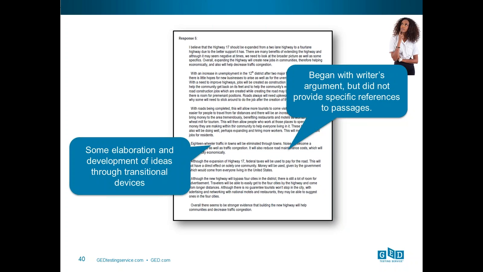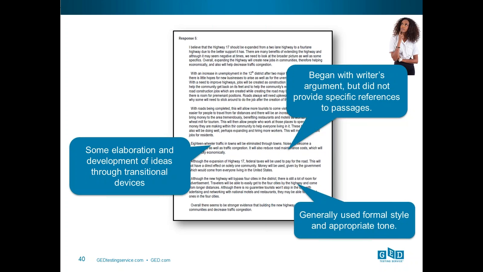This one also needs a little more work on transitional devices. Yes, there is some elaboration, but for a level 2 writing, we would want to see better elaboration and development of ideas. Again, formal style and appropriate tone generally, but I'd want to go back in order to get this to a 2 level, formalizing the whole piece of writing.